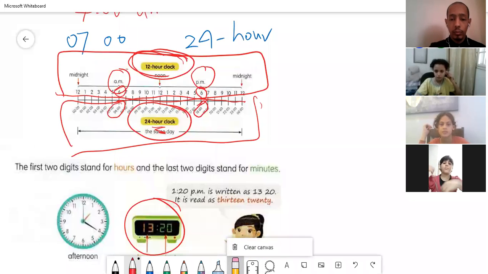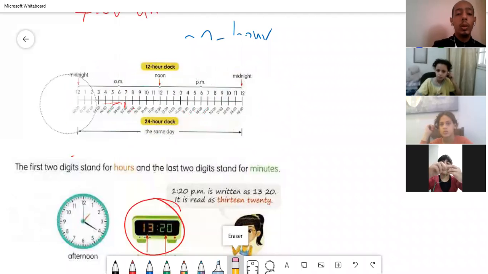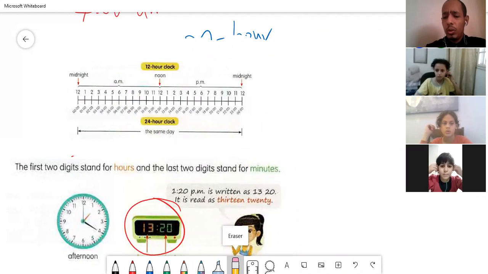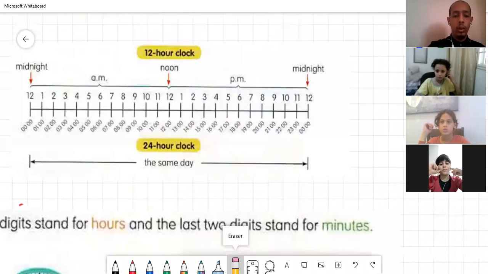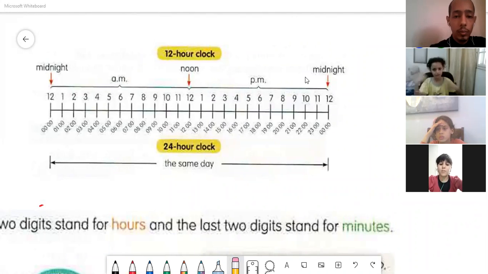Look here. Look here. Teacher, can you do a mute for everyone? I can do. Can you do a mute for everyone? Can you tell it again? Mute for everyone. Okay, look here.